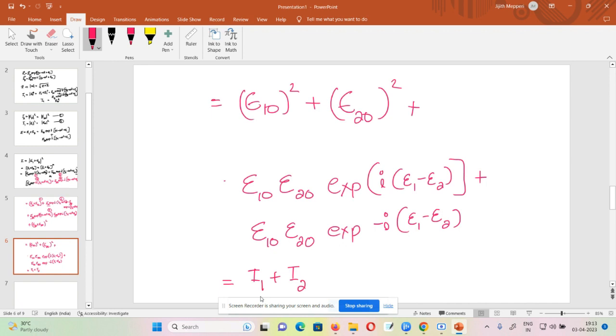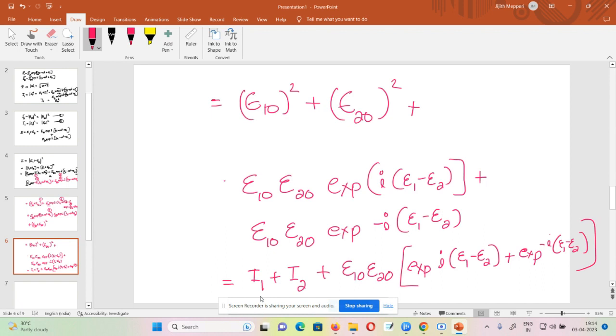Now plus E10 E20 as common, then the value here is exponential i(ε1 − ε2) plus exponential −i(ε1 − ε2). Correct?